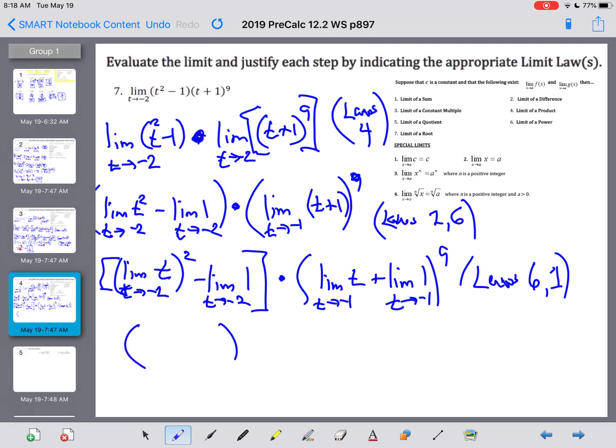So in my first one here, I'm going to get negative 2 minus 1. And then over here, I'm going to get negative 2 plus 1 to the 9th.